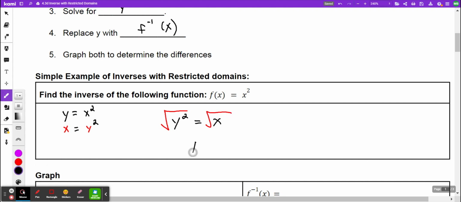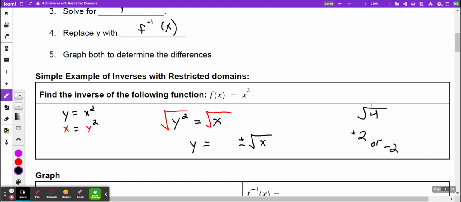And so I have y is equal to the square root of x, positive, negative. Because it's going to be both. Let's say, hey, let's input 4. If we input 4 into this function, then the square root of 4 is equal to both positive 2, 2 times 2 equals 4, and negative 2.